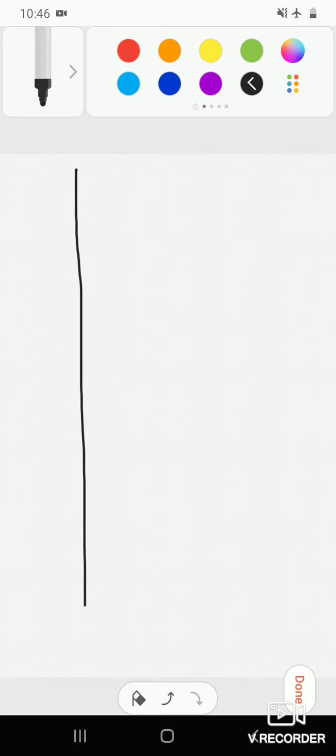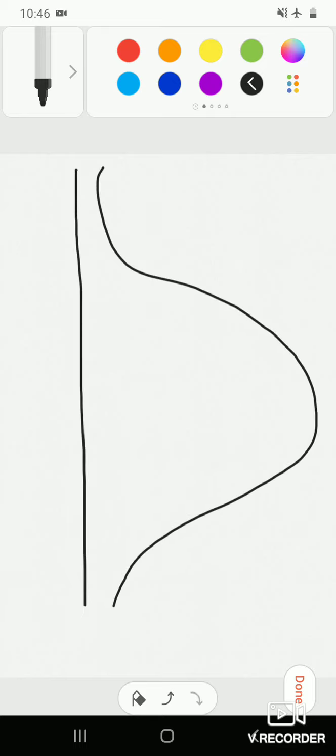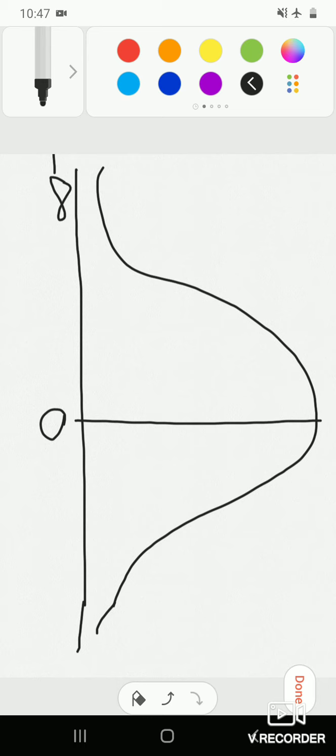Suppose this is a normal curve. Please assume it is not exactly bell shaped. This midpoint will be your 0, and we know the range is from -infinity to +infinity. The area under this whole curve is 1.